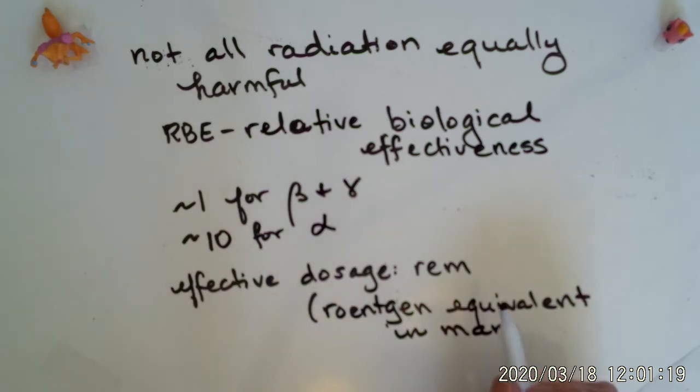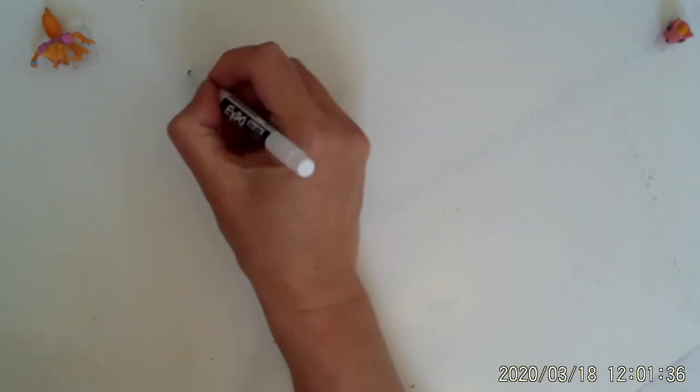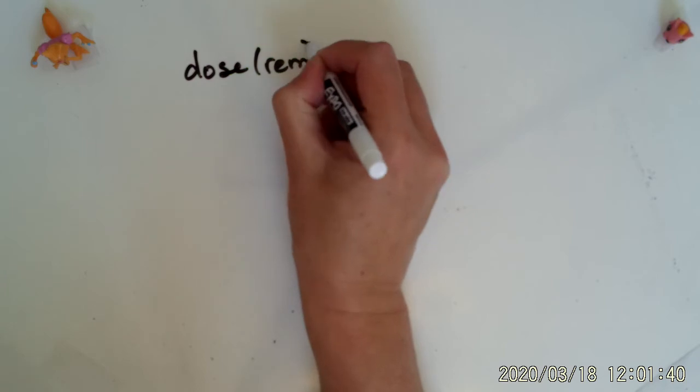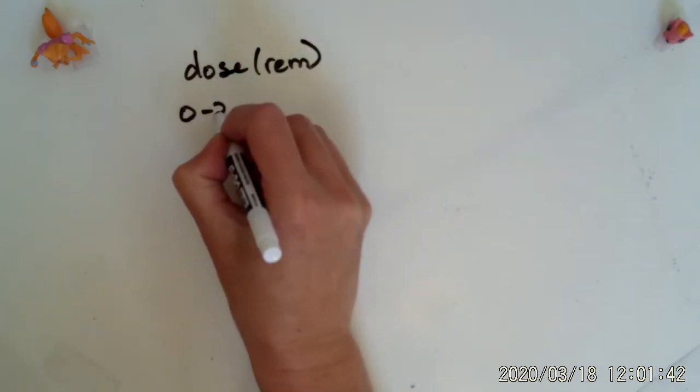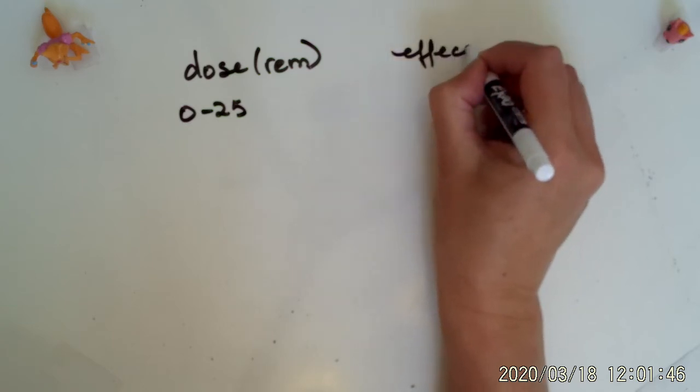Okay, so let's give you an idea about rems and how we're affected when we are irradiated. If our dose is 0 to 25 rem, there is no detectable effect.